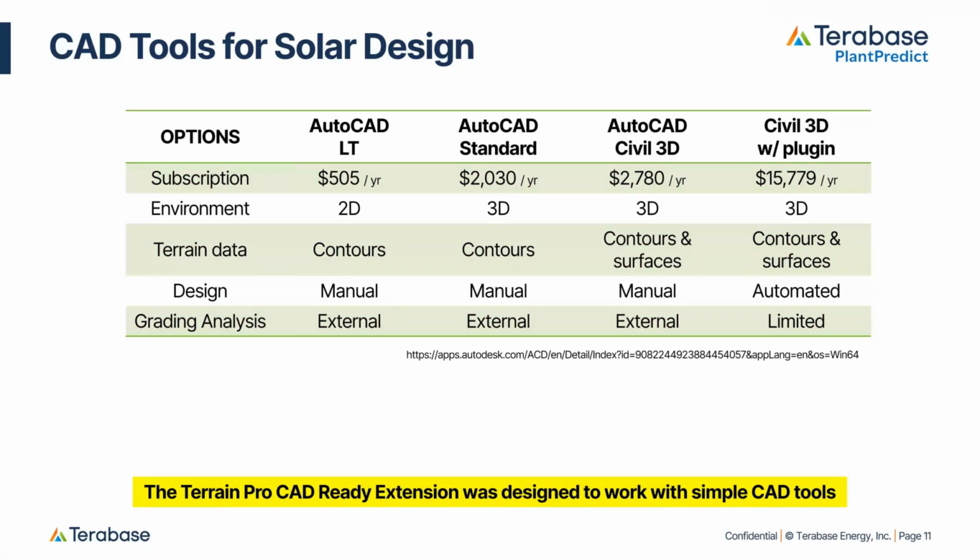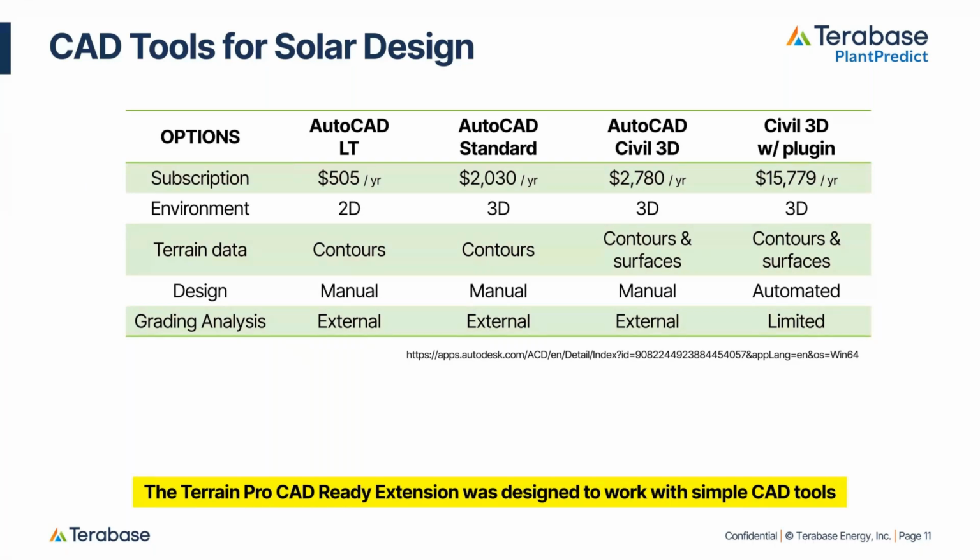The $15,000 would include a CAD plugin that you might use for layouts and tracker profiles. So you have quite a large range there. Most programs can process terrain data in the form of contours, but advanced tools like Civil 3D are required for surface models. And layouts can be created manually or automatically depending on the software's costs and capabilities.